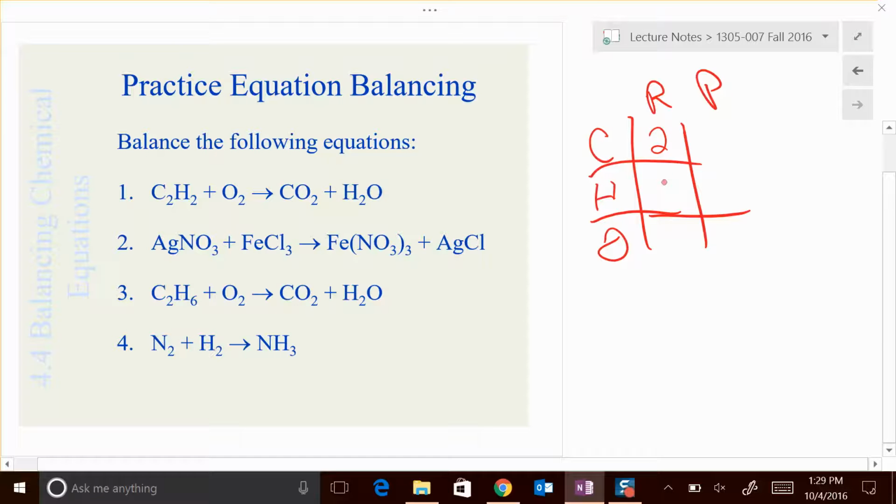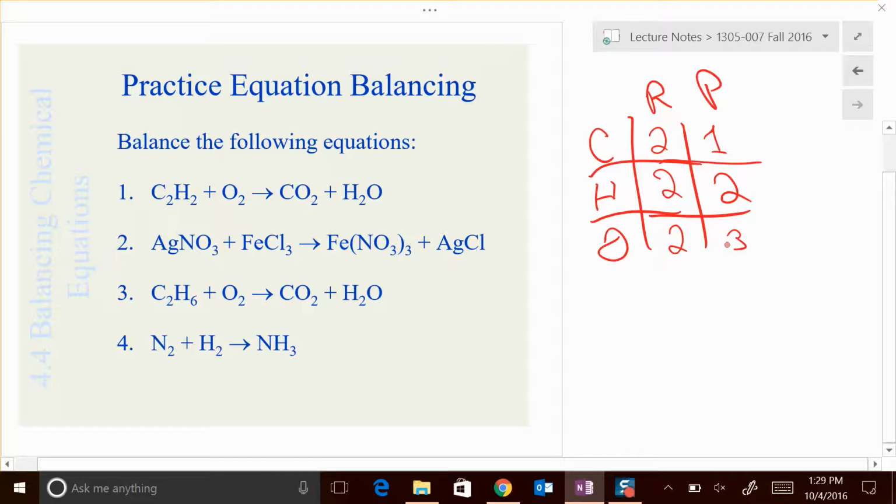The number of hydrogens are 2, and the number of oxygens are 2. On the product side, I have 1 carbon, 2 hydrogens, and 3 oxygens. Okay? Is that what everybody else is getting? Are you seeing that? So this allows me to identify the things that are balanced and the things that are not balanced.